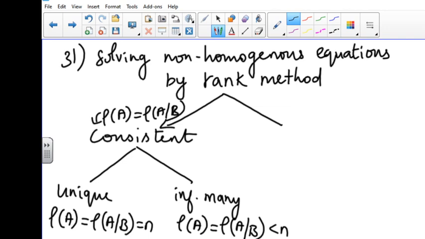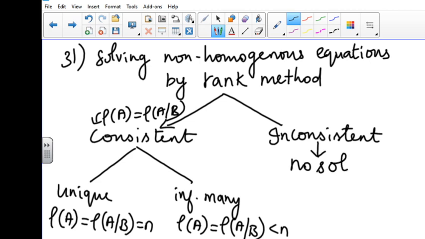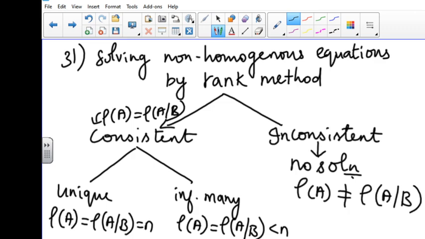Next one, inconsistent, no solution. What is the condition for no solution? Rank of A is not equal to rank of A bar B. For consistent, rank of A is equal to rank of A bar B. For infinitely many solutions, two conditions are there.